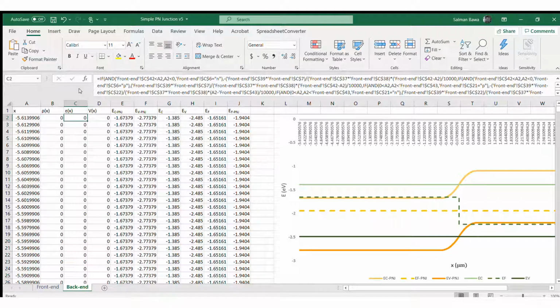Whether it is n-type or p-type, it should just continue to follow the electric field formula for the left-hand side. And that's because at x equal to 0, doing so will help us achieve the maximum electric field which occurs at x equals 0. And for all other values, the electric field will be 0, except from the width of the depletion region on the left-hand side, right up to the width of the depletion region on the right-hand side.